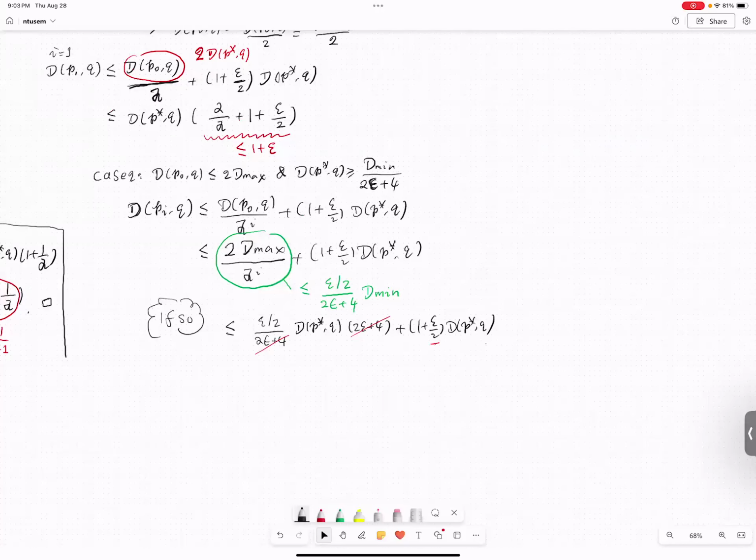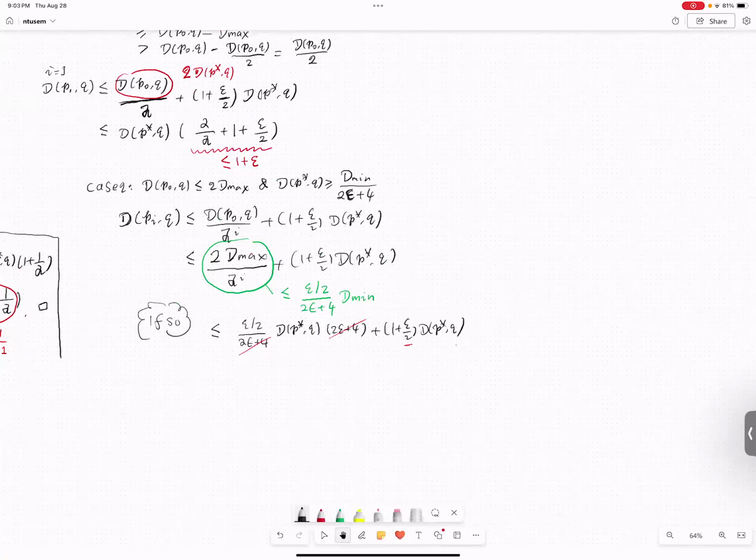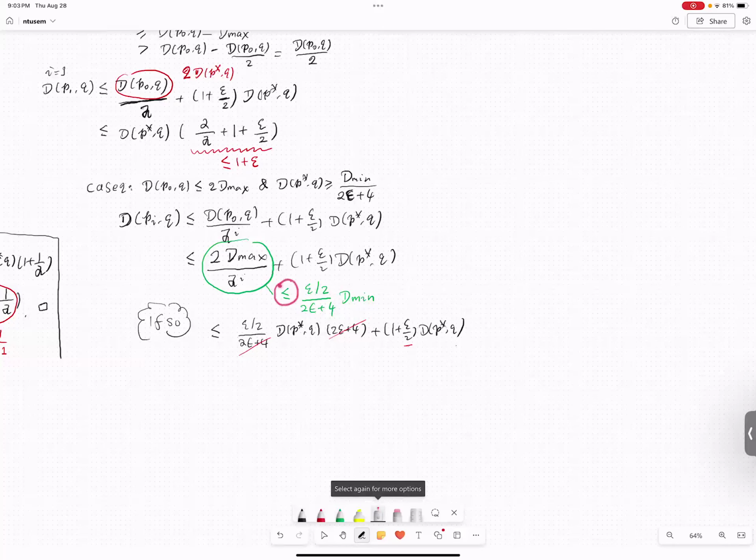If this is the case, then all good, right? So now it suffices to look at this inequality. Let me copy this over: d max over alpha to the power of I less than or equal to epsilon over 2, and then 2 epsilon plus 4, and then d min.